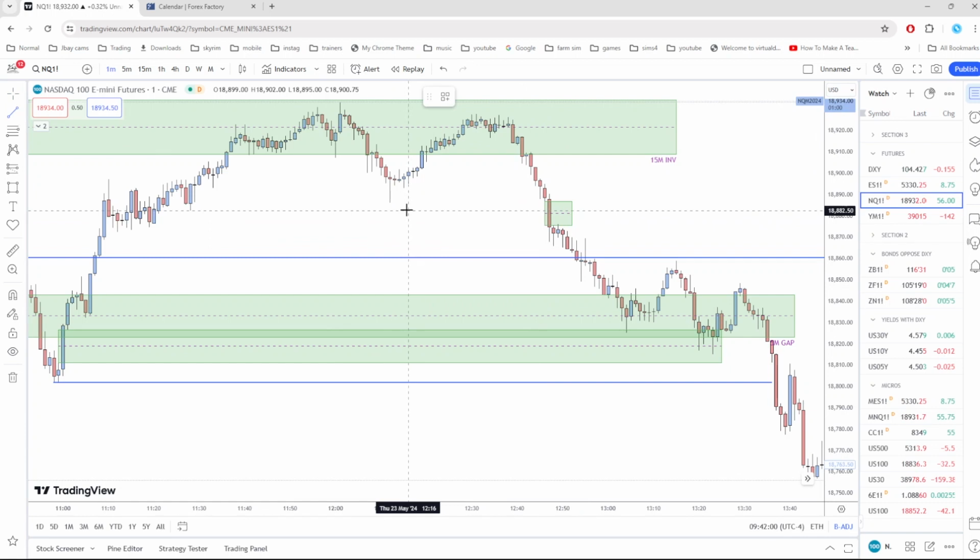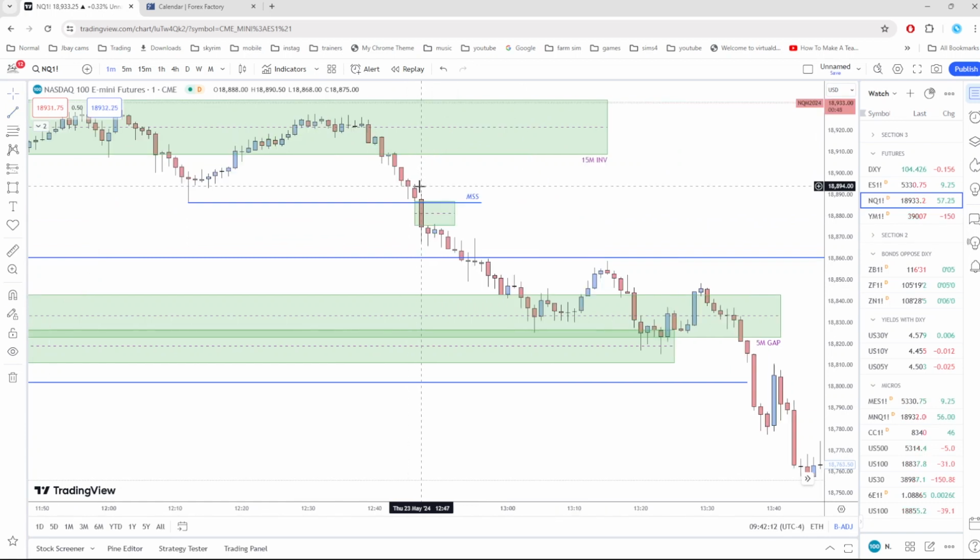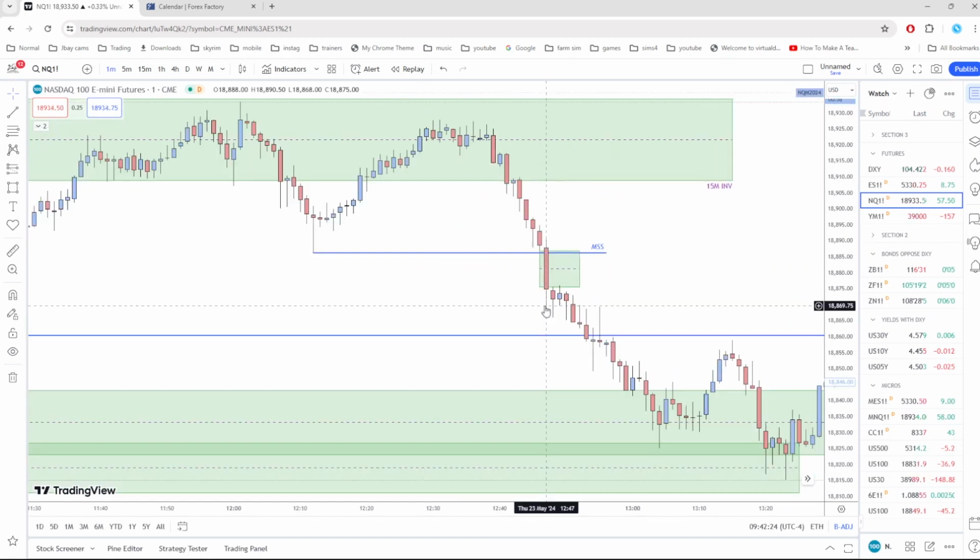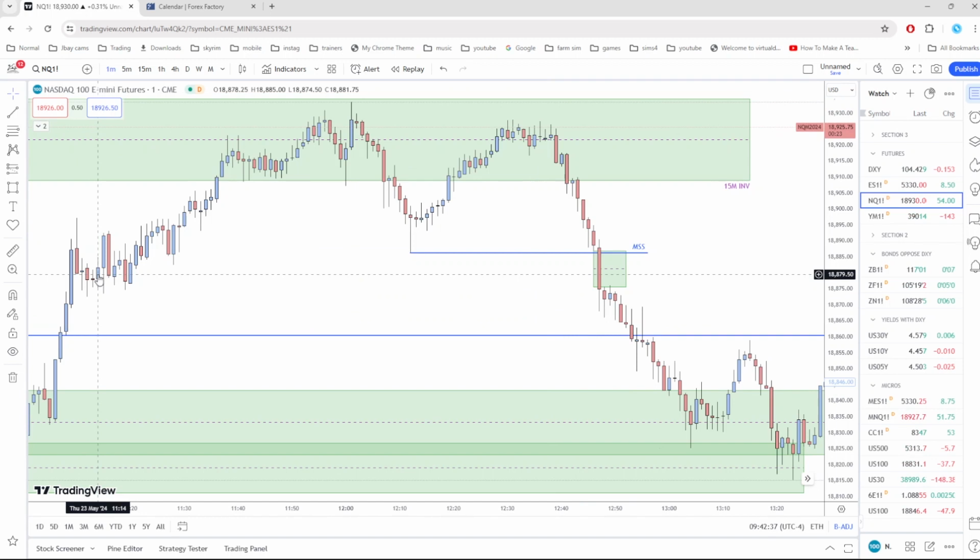But notice that we had a market structure shift, and we had a very volatile move down. We had a propulsion. It moved with a lot of propulsion down. So this would be a valid fair value gap. Fair value gap. Price traded into it.